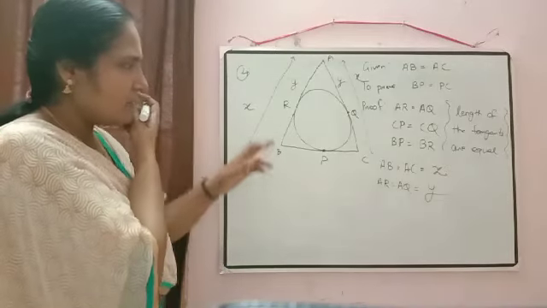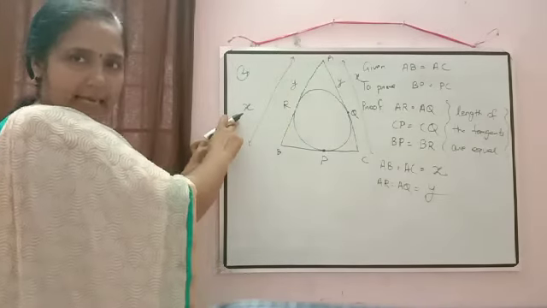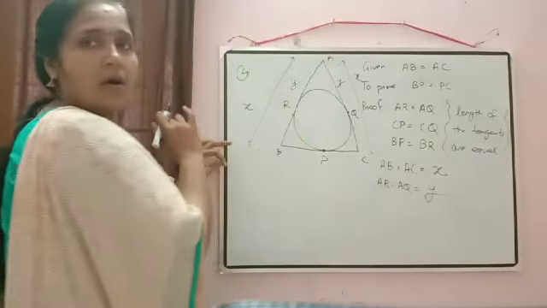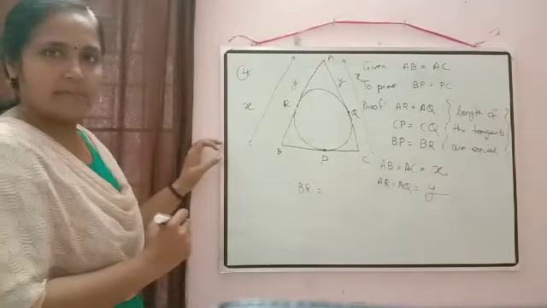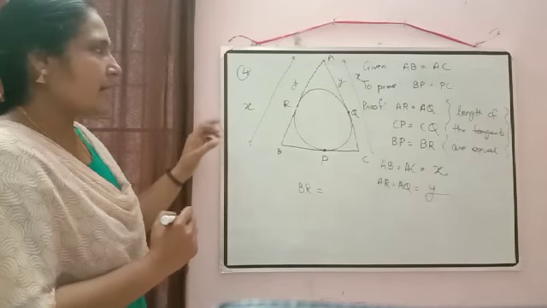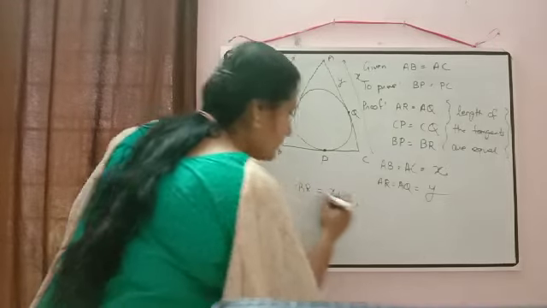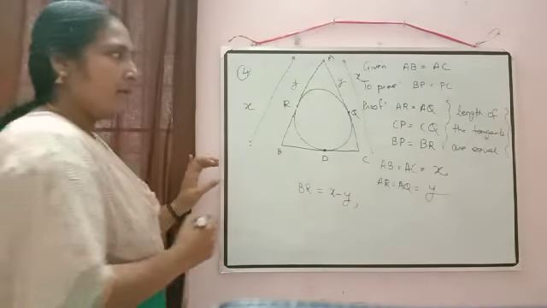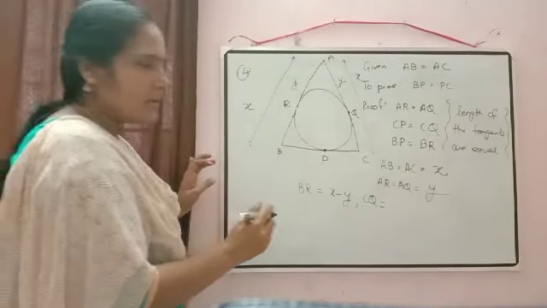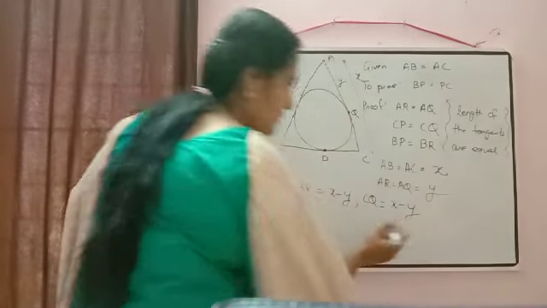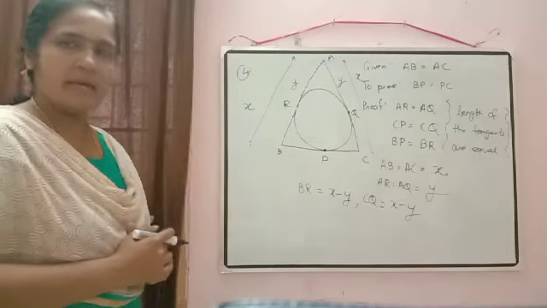Now from here we will check what will be the value of BR. Just to check, we have taken AB as X and AR as Y. So can you tell me what will be the value of BR? Yes, correct. BR will be equal to X minus Y. The same way, what will be CQ? CQ also will be equal to X minus Y. So just now we got BR and CQ are equal. But we don't want BR and CQ.